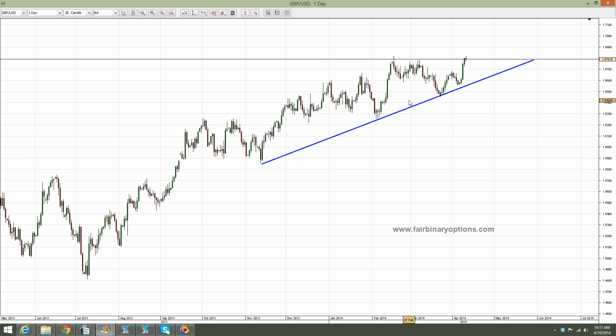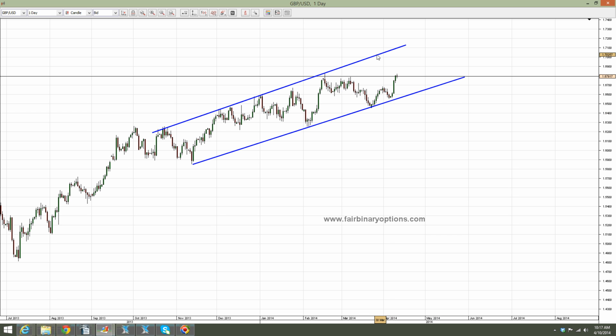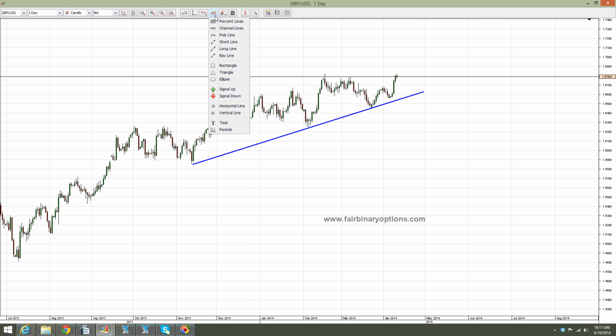What I would like to do here is copy this trend line from here and put it to the upside like this, and then take 50% out of it. Alright, it is changing the angle, so let's try to take a channel line.